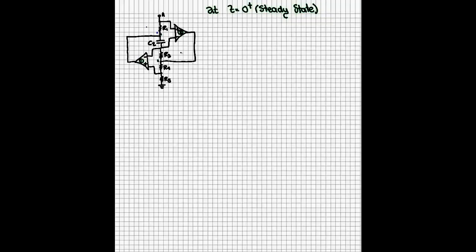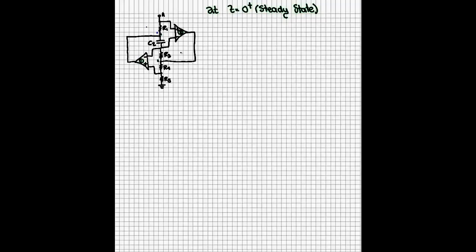So now it follows that op-amp 1 has its negative terminal equal to its positive terminal. But if there is no current going through R4, then R4 is in series with R5, and the positive terminal is not sourcing any current. So therefore IR4 is equal to IR5, which is equal to 0. Which means that there is no voltage drop through R5, no voltage drop through R4, and no voltage drop through R3.